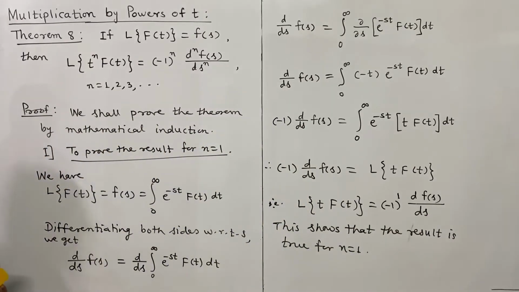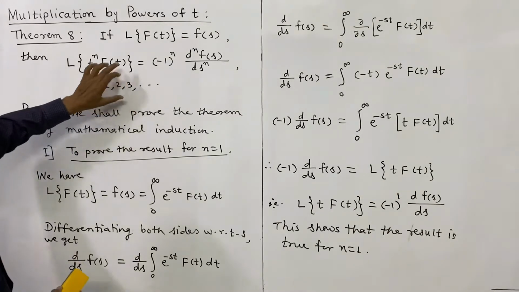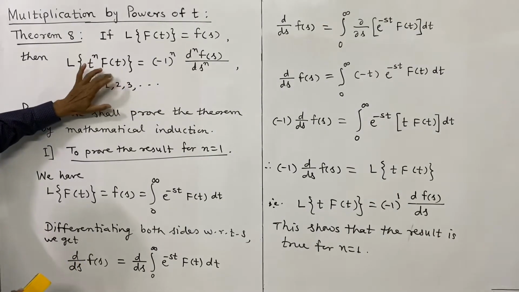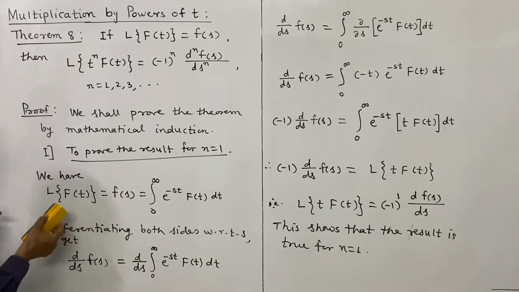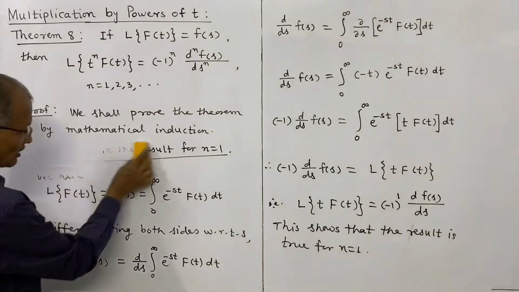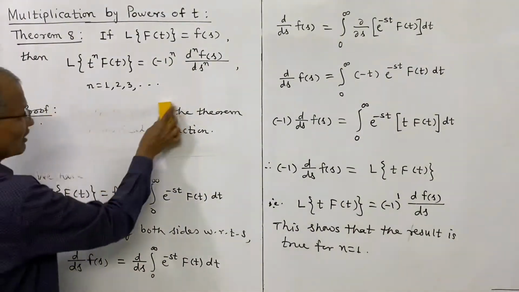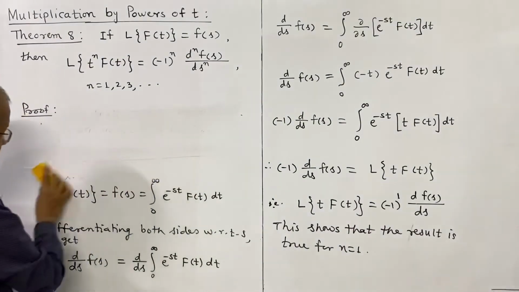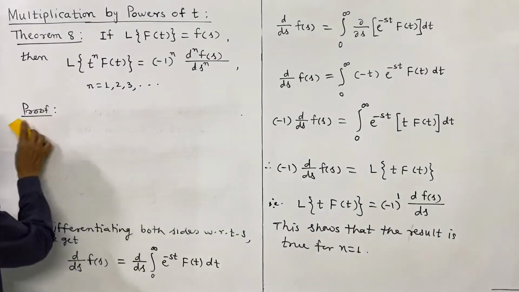Now the second step is we shall assume the same result, which is the result required in the theorem. We shall assume the result is true for n equal to m, and then we have to prove the result is true for n equal to m plus 1. This is the second step in the induction.